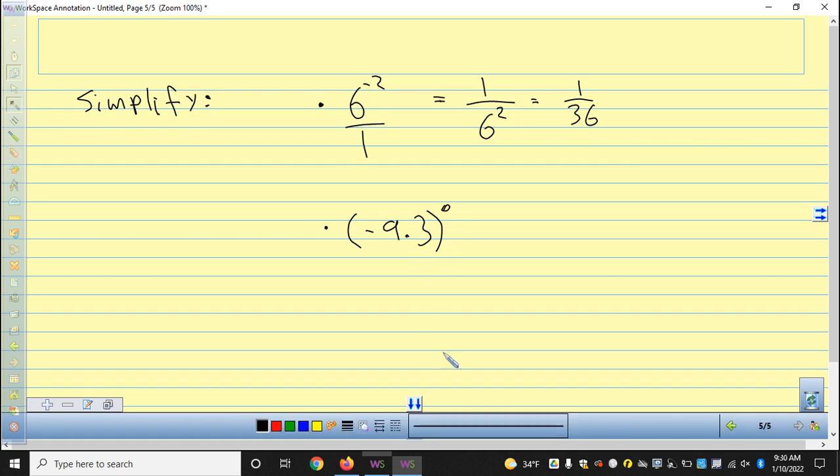Negative 9.3 to the 0. When we have a 0 exponent, that's like a gift. That's a gimme. Anything to the 0 power is 1.